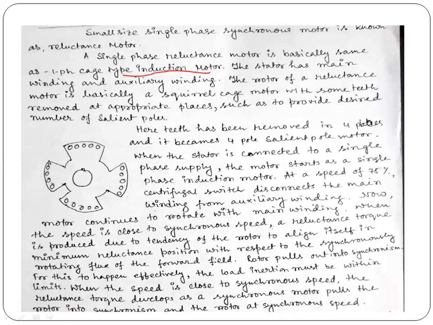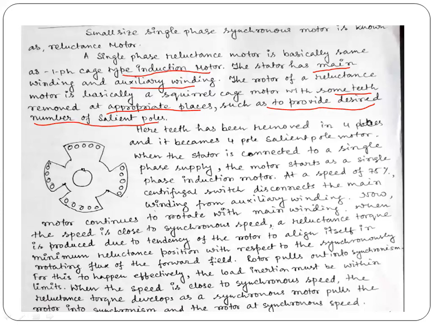That means the reluctance motor, as per construction, is almost similar to a single phase squirrel cage induction motor, and like that it has two windings, main winding and auxiliary winding. The only difference is that it is a squirrel cage type motor with some teeth removed at appropriate places to provide the desired number of salient poles. So that is the main fact.